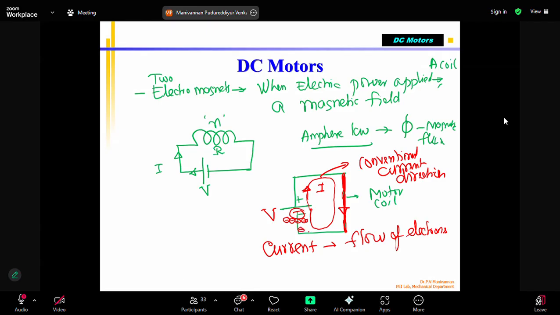These electrons are traveling like this through the conductor. This is the motor coil. I refer to it as a single coil or single wire motor, in which the electrons flow like this and come back to the positive terminal, and once they enter positive, they become neutral.